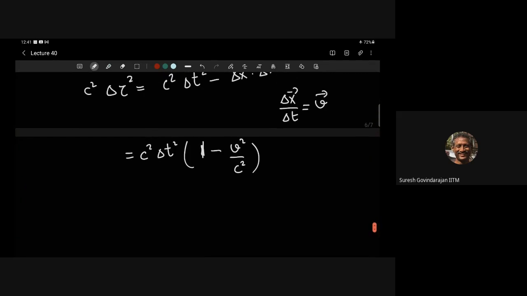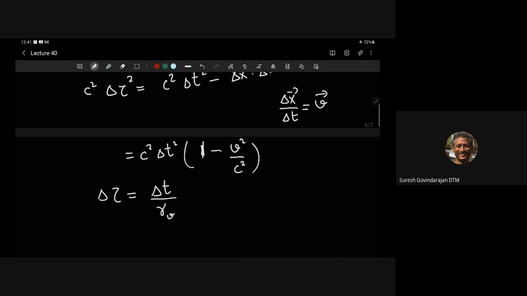Is this clear? So what we see from here is that delta tau is equal to delta t times, cancelling c's, the square root of 1 minus v square by c square. It's just like an inverse of a gamma factor.